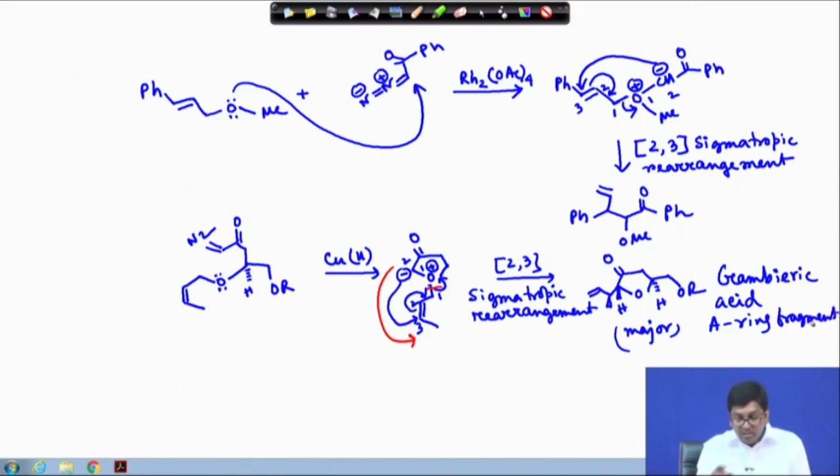So, overall in all these cases we have seen how these oxygens, whether from a carbonyl or from an ether, form this ylide and then different types of reactions happen. In some cases it goes like a cycloaddition, in some cases it goes through different types of sigmatropic rearrangement reactions. Now, we will see how this sulfonium ylide can form. Okay.